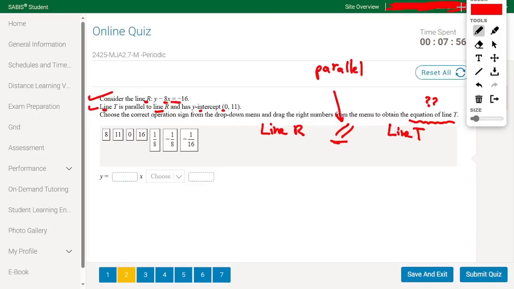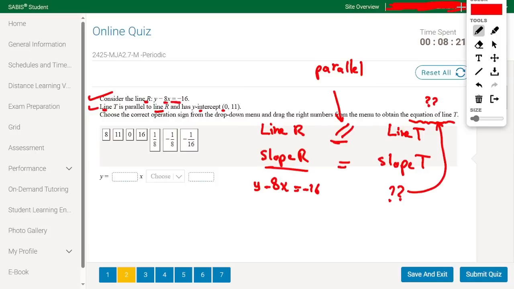So that means the slope of line R will equal the slope of line T. Now the equation of line R is y minus 8x equal to minus 16. And the equation of line T is unknown, and we need to get the equation of line T.